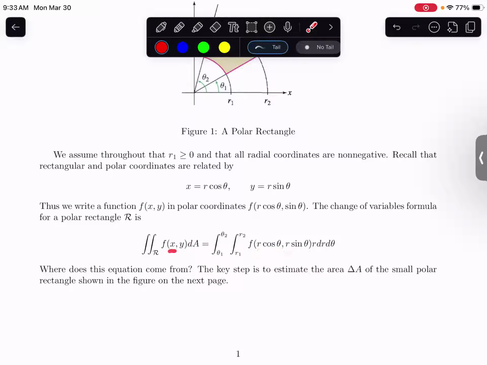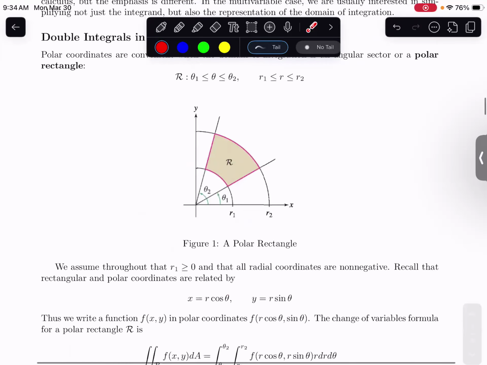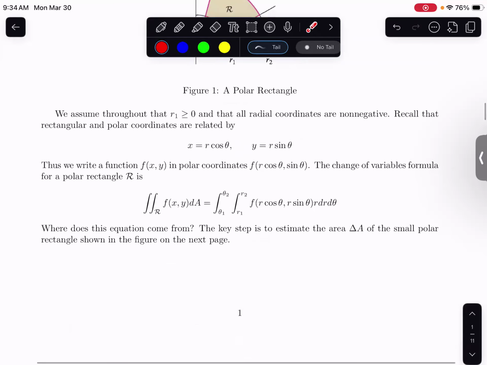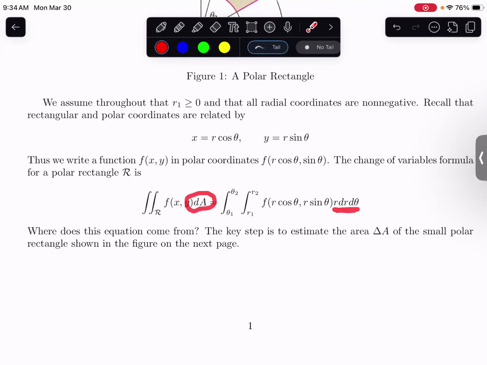So it's just making a direct substitution. And then we have radius 1 to radius 2, theta 1 to theta 2. So those are the bounds of integration. The only thing that's a little unintuitive is when we go from rectangular coordinates to polar coordinates, we go from dA to r dr d theta.